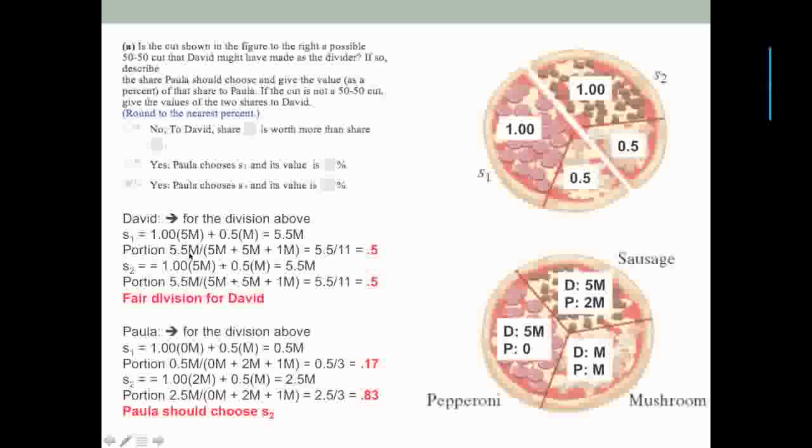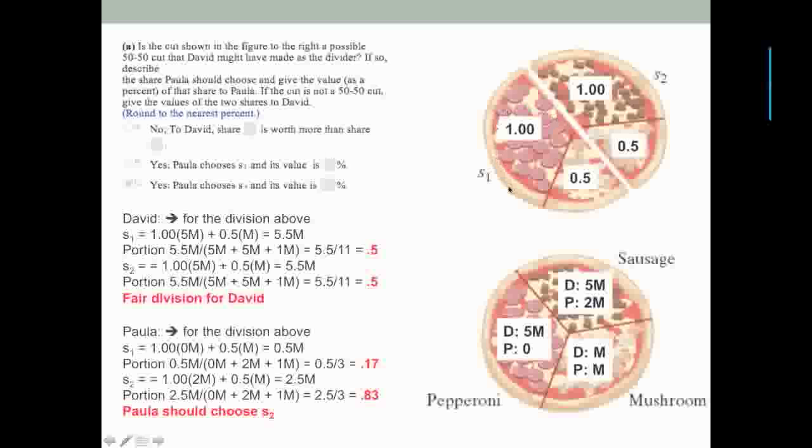All right, well, let's look at David first. But before we do that, we see that David apparently has cut the pizza with 3 different types of pizza as follows. We designate this side as S1 and this side as S2.